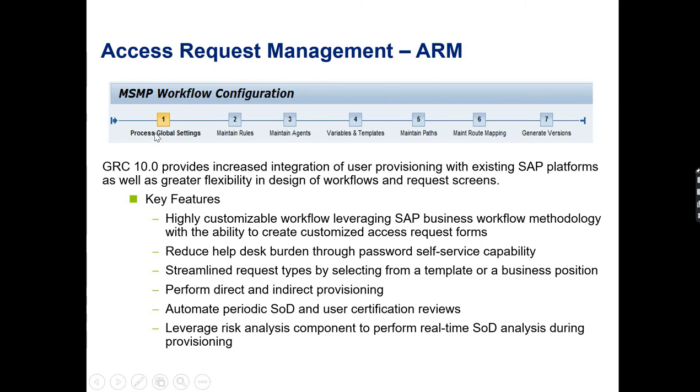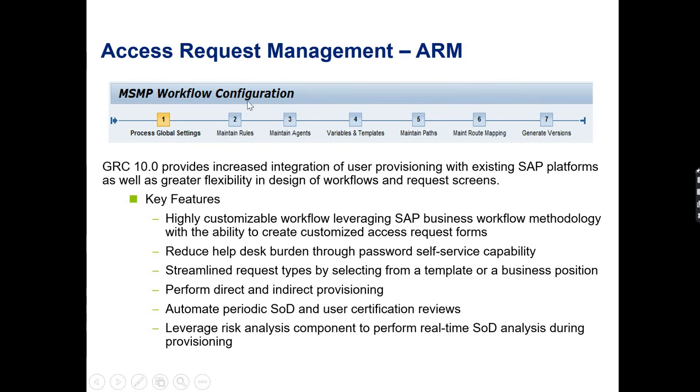So if you want to modify the standard access request management workflow which is given by SAP, first we have to tell SAP where we want to do the customization of the workflow. That first step is select role modification. In the second step, whenever we are creating any BRF plus rule, that will be added into this rule.